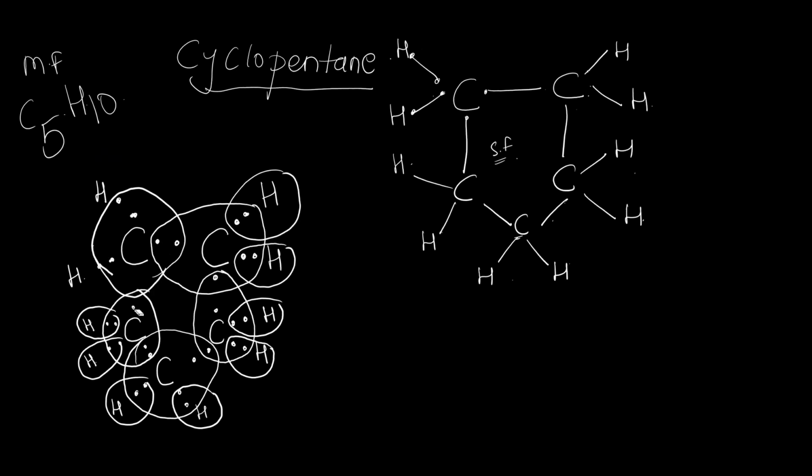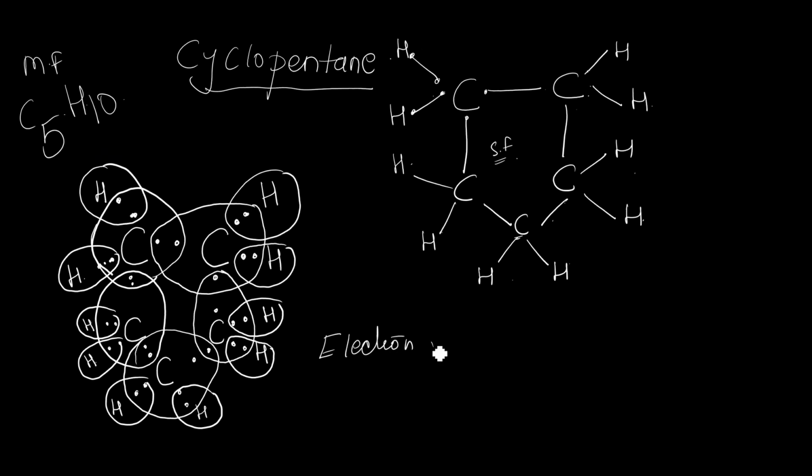So you can make it as, and this is here 2 electrons, carbon this and this, and 1 electron this is. So this is the electron dot structure of cyclopentane. So this is molecular formula, this is structural formula, this is electron dot structure of the cyclopentane.